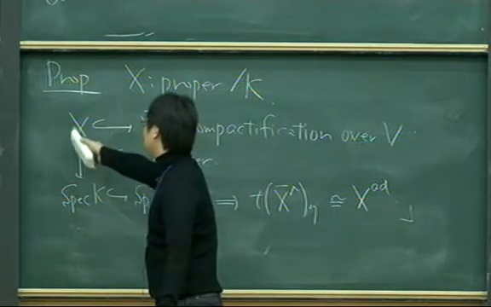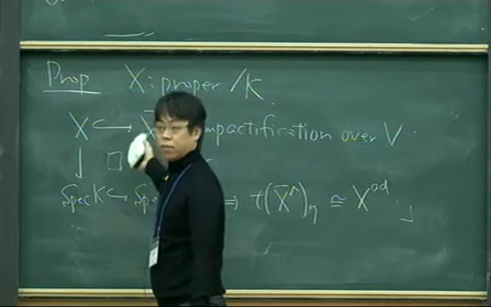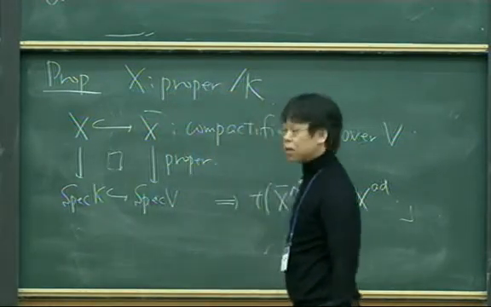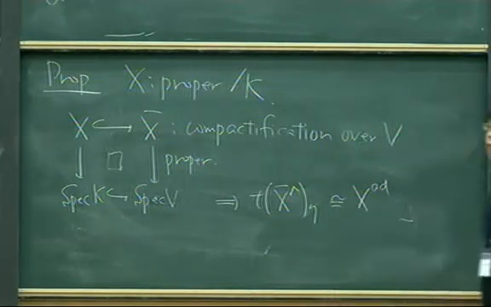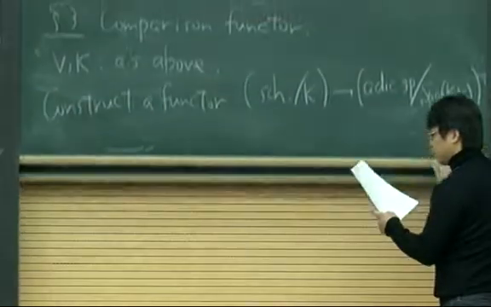But if X is proper, then just taking a scheme-theoretic closure in it, we make this diagram Cartesian. So you mean any compactification of it? Yes, any compactification, anything is okay.